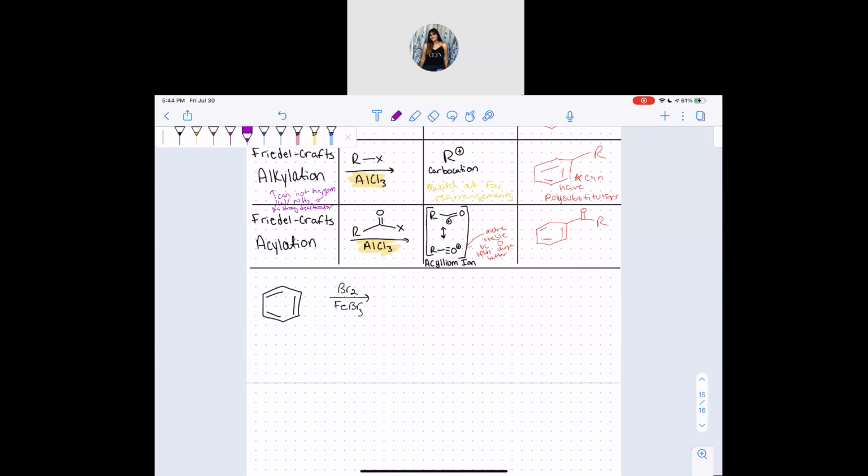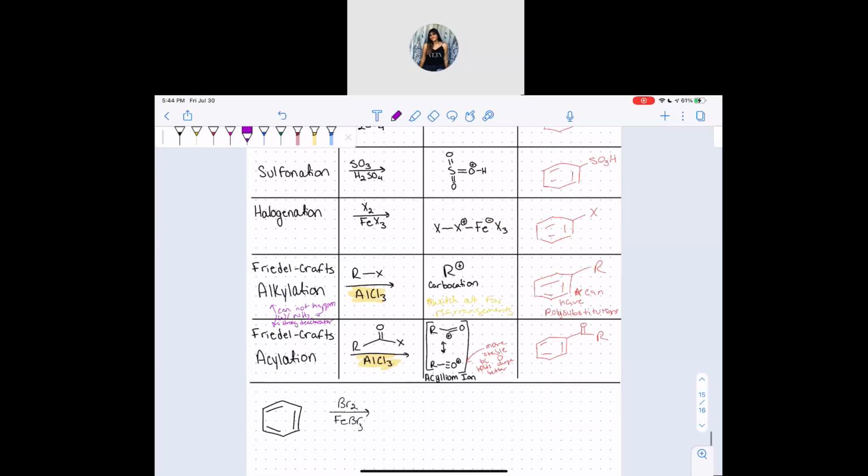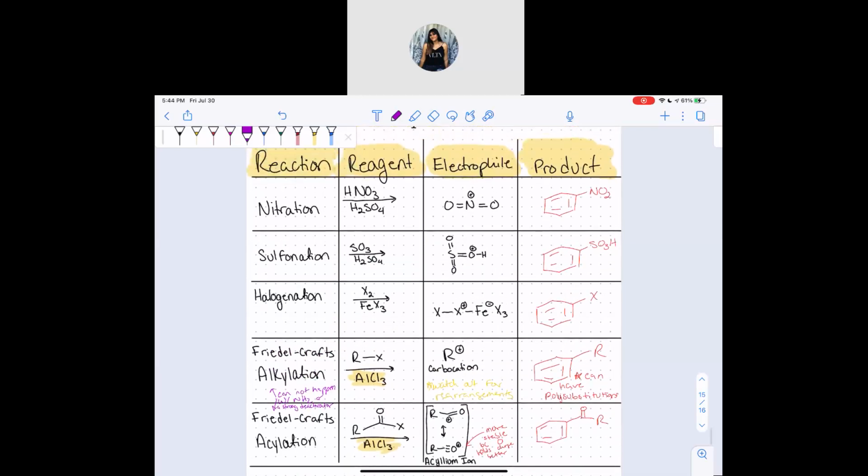I don't know that I want to cover every step of the mechanism. I don't think it's that important. So just know starting material, reagent, final product. I'm not saying that you shouldn't look at the reaction whatsoever. I'm just saying it's not one of the biggest things of the semester, so I'm not going to spend time on it now. You should, of course, look at it when you're studying.